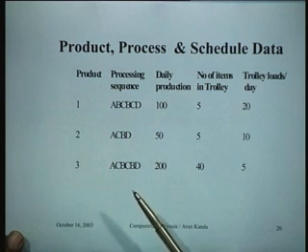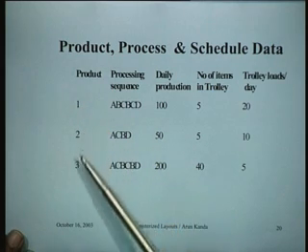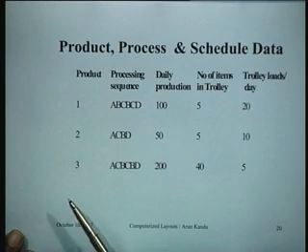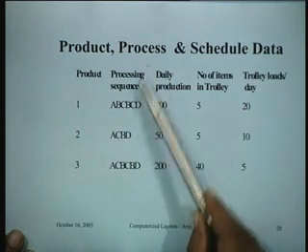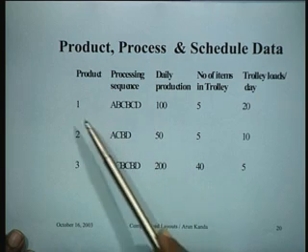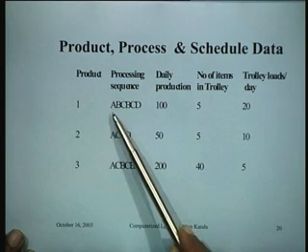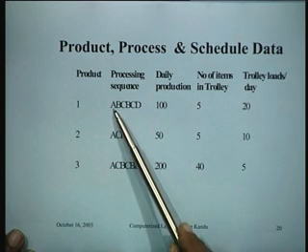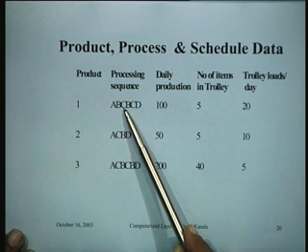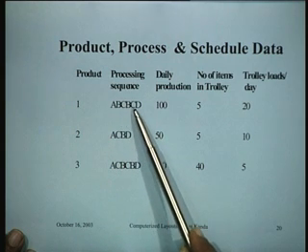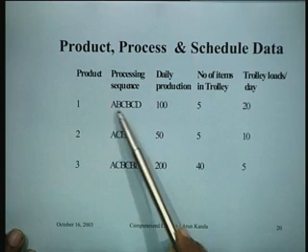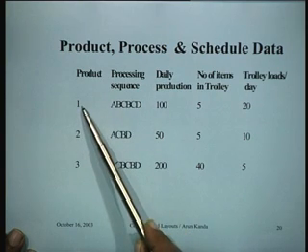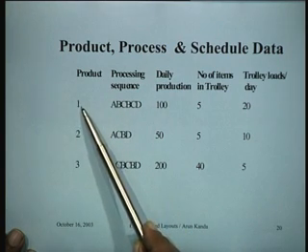Suppose a company is interested in making these 3 products, and let us suppose that the process information for product 1 is that it has to first start in department A, then go to B, then C, then B again, then C, and finally come out in department D. So the processing sequence is fixed by the nature of operations required of product 1.